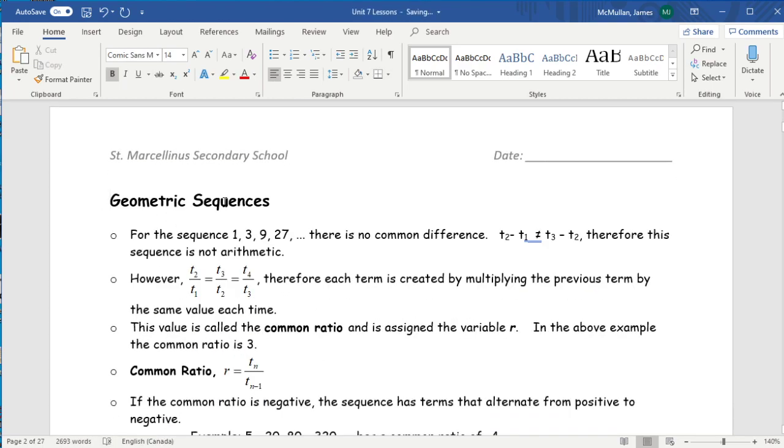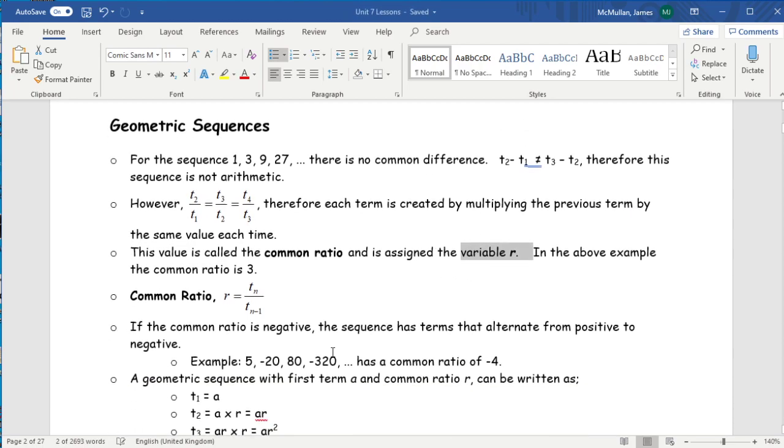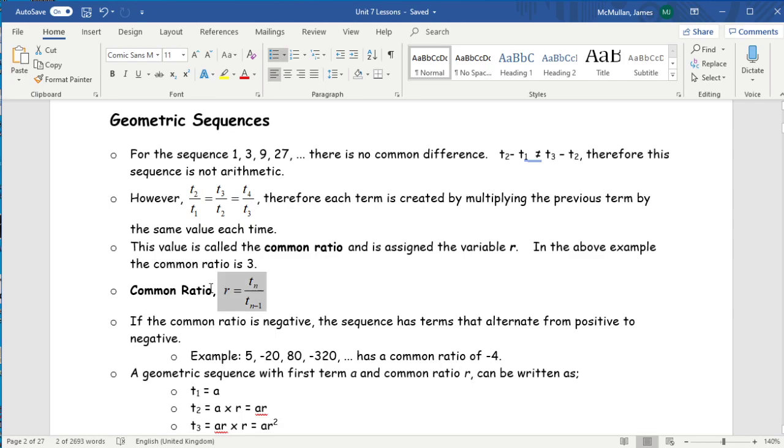Now, a geometric sequence is a sequence where you don't have a common difference, you have a common ratio. Like you can see 1, 3, 9, 27, every time it's multiplying by 3. Instead of calling this a common difference, we call it a common ratio, and we call it r because it's a ratio, whereas d was a difference. The common ratio has a formula.